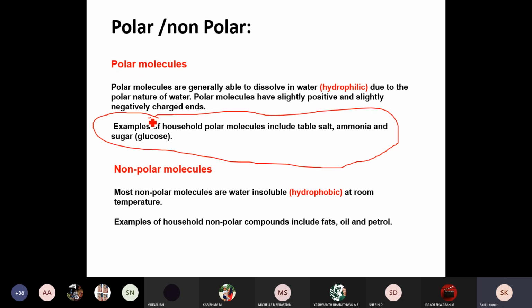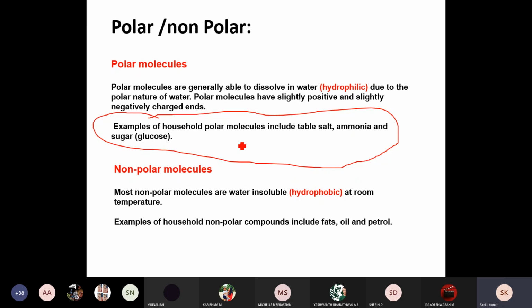So these molecules are called polar molecules, and most non-polar molecules are water insoluble, hydrophobic at room temperature. Examples of household non-polar compounds include fat, oil, and petrol. If you put a few drops of mustard oil or refined oil in water, it will float. That is the reason: oil does not have a good friendship with water.